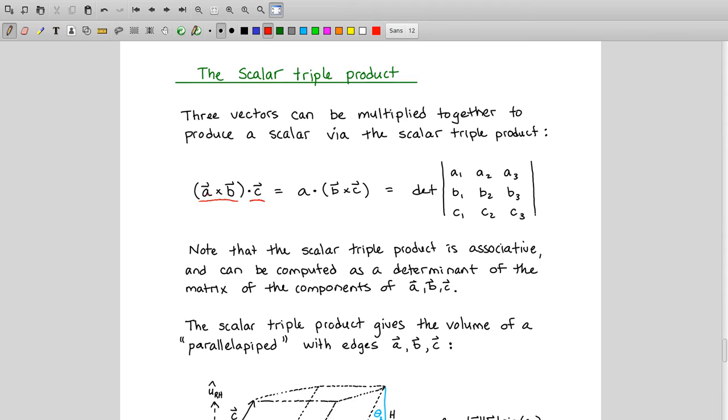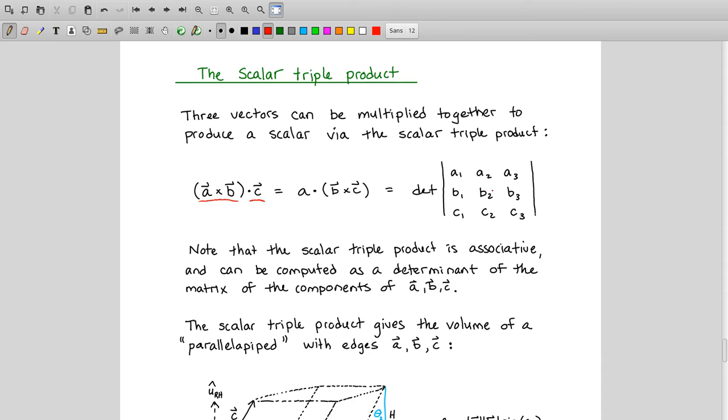But basically, if A cross B is i, j, k and then A row and then B row, the dot product of that with C is to take the i component of A cross B and dot it with the i component of C, the j component of A cross B with the j component of C, and the k component of A cross B with the k component of C. And the easiest way to do that is simply replace the ijk row with a C row.